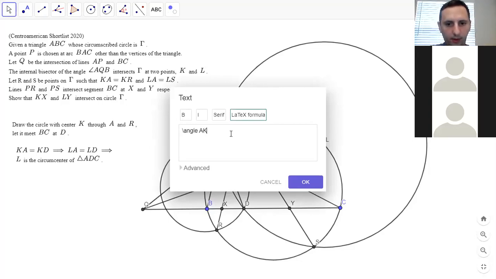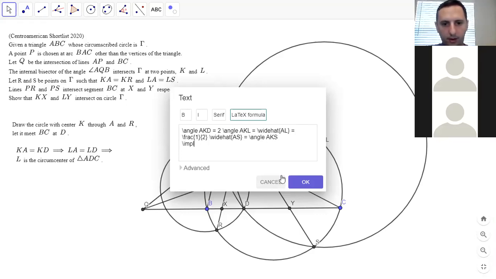Angle AKD is twice angle AKL, which is equal to arc AL, which is half of arc AS, which is angle AKS.